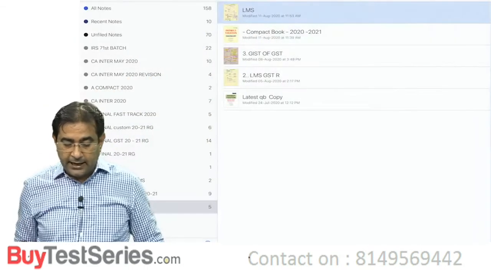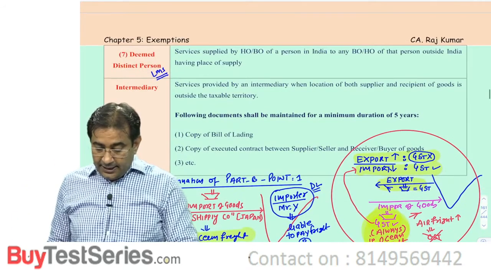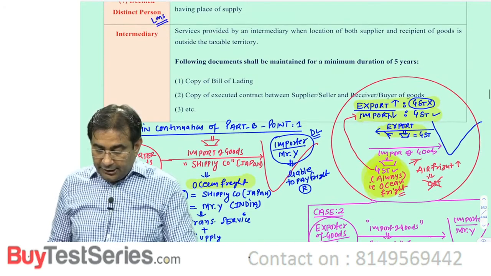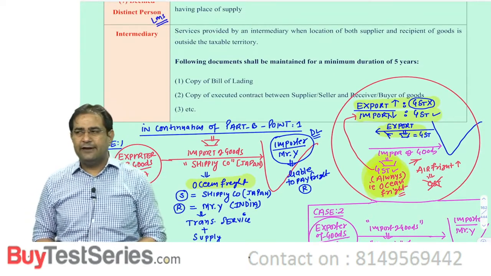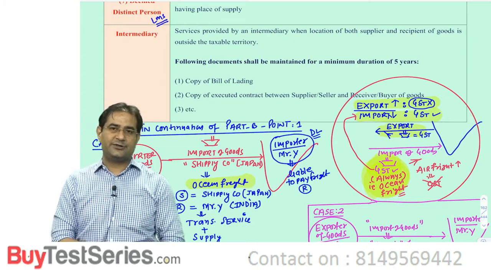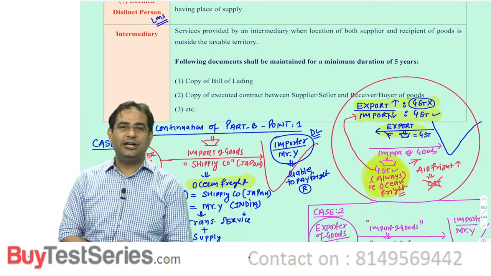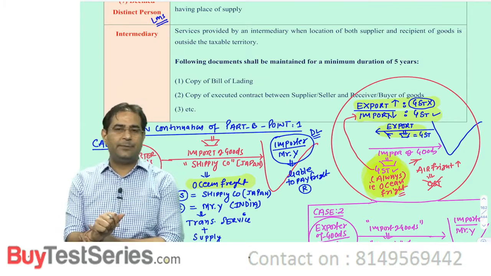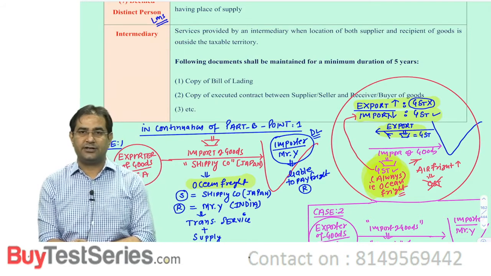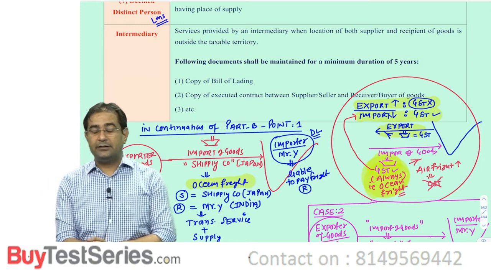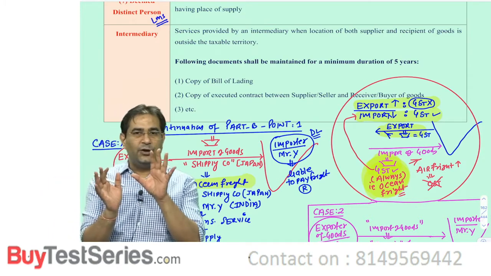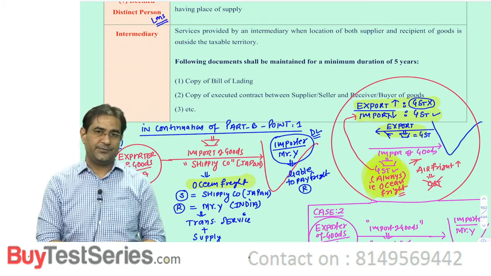Yes, sir. Now come on the point, my dear. Deemed distinct, intermediary. I have already discussed the whole exemption when we were talking about entity to entity. We have seen in the chapter of supply, the new magic of WG.